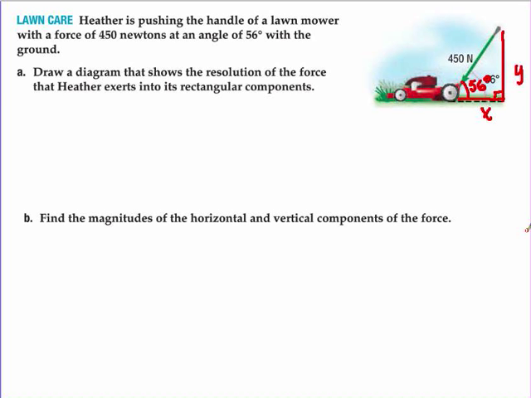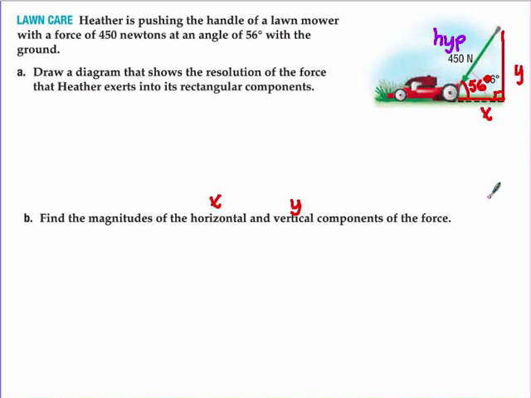Now it says find the magnitudes of the horizontal and vertical components of the force. The horizontal is X. The vertical is Y. So all we have to do is find X and Y in that triangle. This is a basic trig function that we've used. I need to label. What side is 450? Hypotenuse. What side is X?